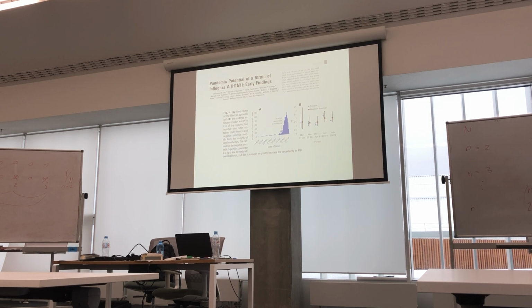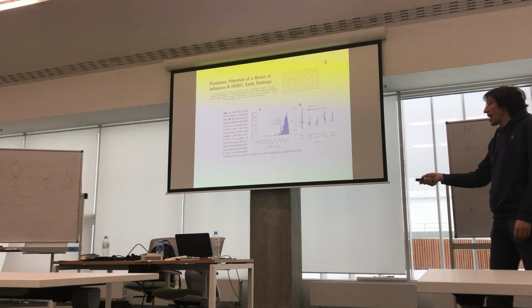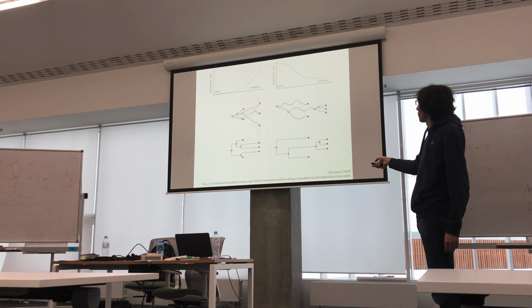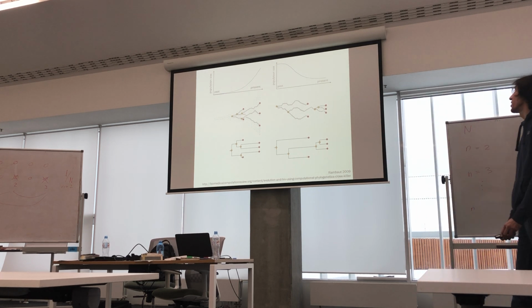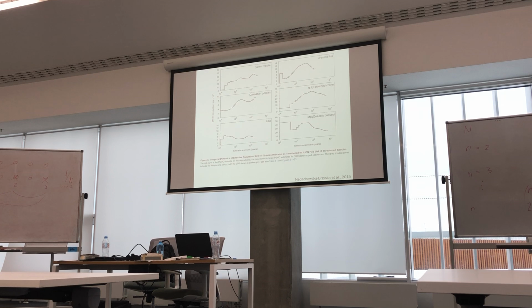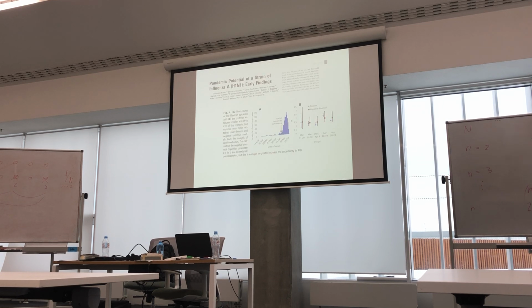So that's what we can do with things like animals and birds, the mammals and birds, for which we have the recombination events along the genome. But for viruses normally we don't. But still we can get the shape of this tree if we have a sufficiently large sample and ask what the changes of the population size of this virus have been.